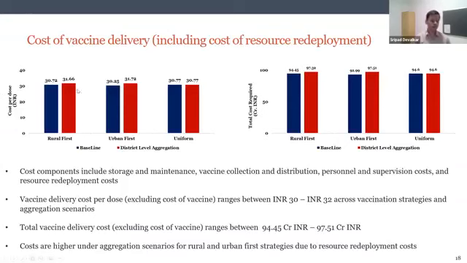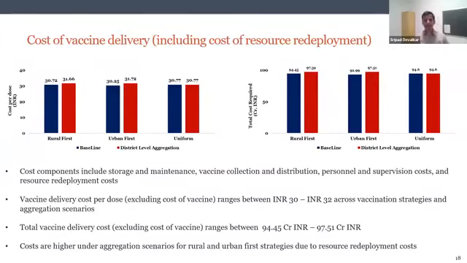And these are the unit costs, which are about $30 to $32. And in total, when aggregated across the entire state of Punjab, the cost of delivering vaccines ranges from about 94 to 97 crores. And so aggregation leads to a marginal increase of about 3% over the baseline costs.